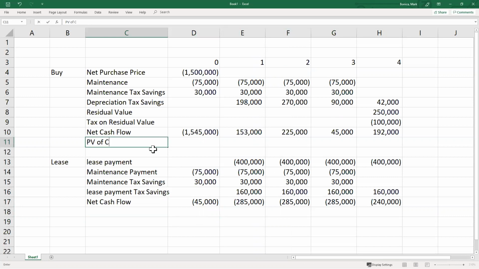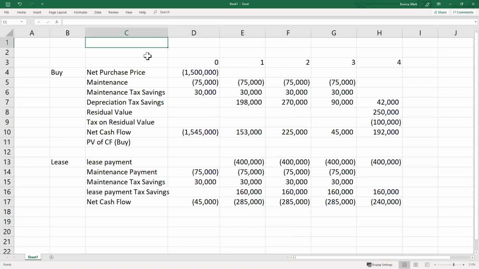PV of cash flow. We could call this cash flow buy, and that would be equal to NPV. Oh, and we have to talk about what the discount rate would be. So the discount rate, if the bank loan would have an interest payment of 15%, let me back up here for a second.